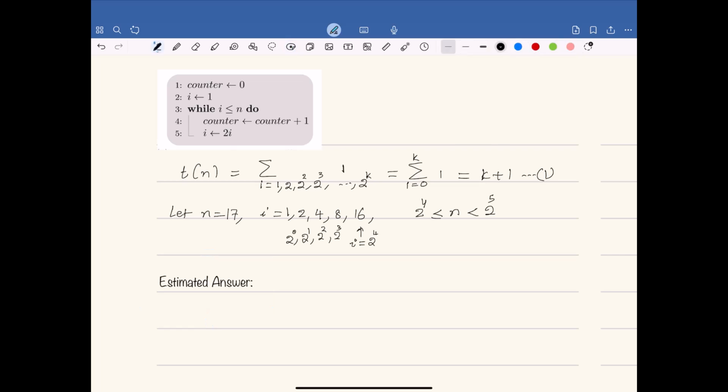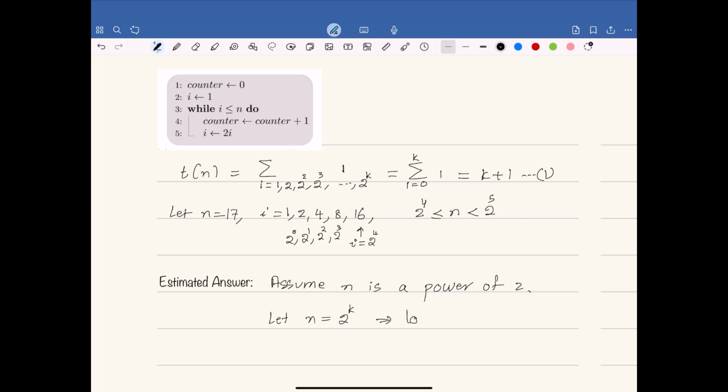So in the estimated answer, we will assume n is a power of 2. Specifically, we will say let n be equal to 2 to the power of k. And from here, we need to solve for k. So take log 2 of both sides.